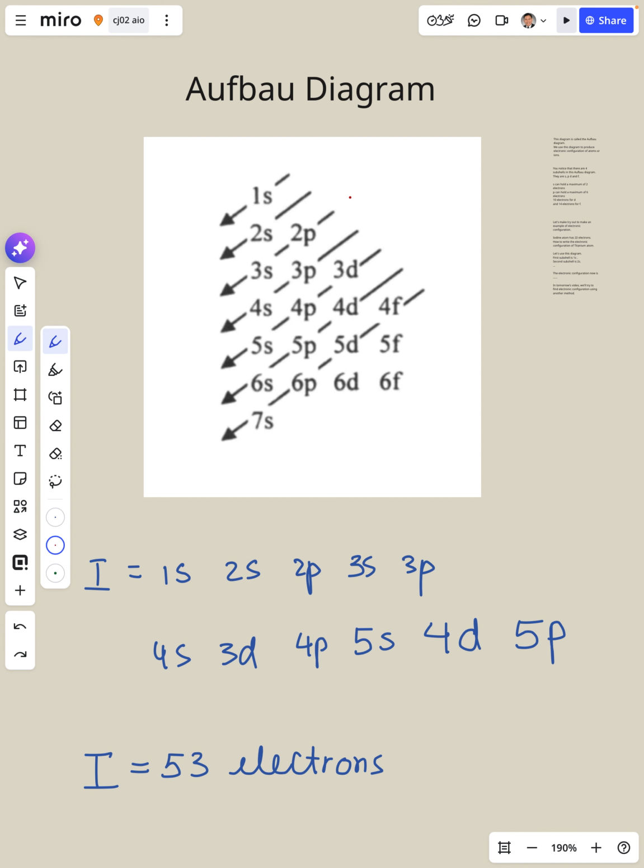We follow the order of the subshells in the Aufbau diagram. First is 1s, this one. After that, we draw 2s. After that, we do 2p. After 2p is 3s.